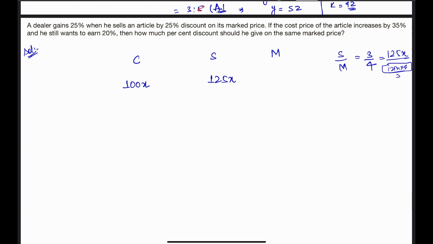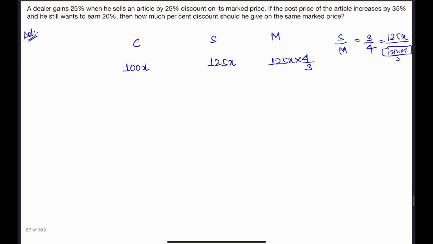125x into 4/3. So in the ratio I can write it as 4:5 into 4/3.